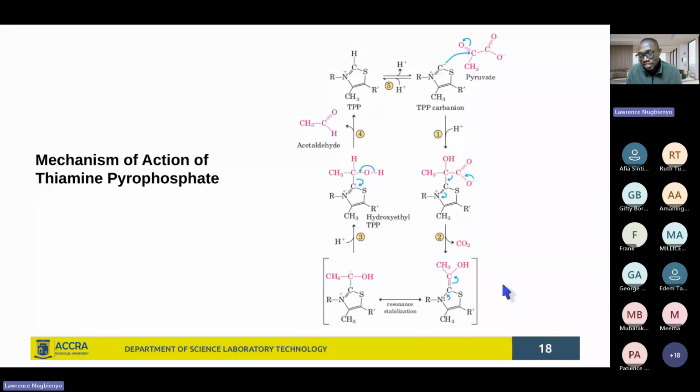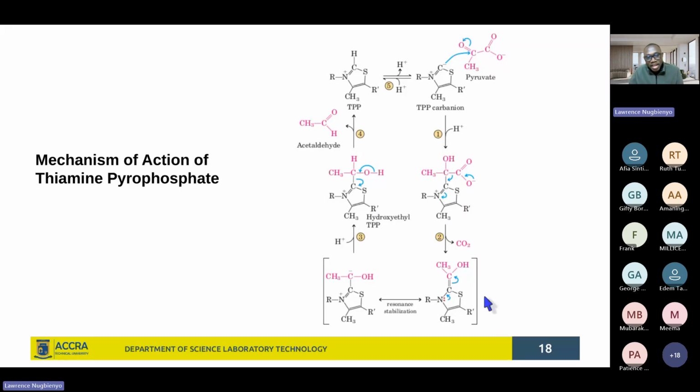So it's like this coenzyme here, thiamine pyrophosphate, is acting like that chopping board on which the substrate pyruvate comes to sit, and then you have your enzyme pyruvate decarboxylase acting on it.